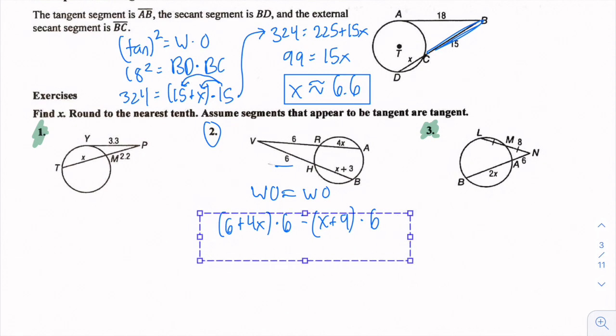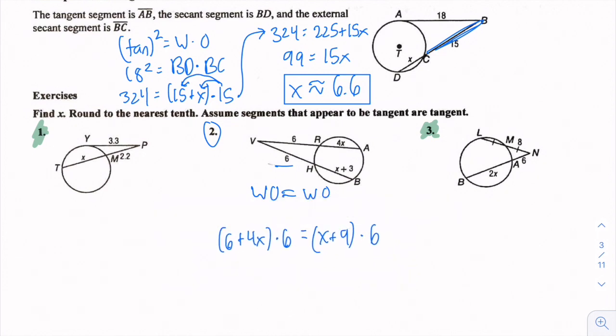And just so I can show my work a little bit more for people who are confused right now. The whole piece is VA times the outer part, which is VR, equals the other whole piece, which is VB times HB, Huntington Beach. So that's where the formula is coming from.